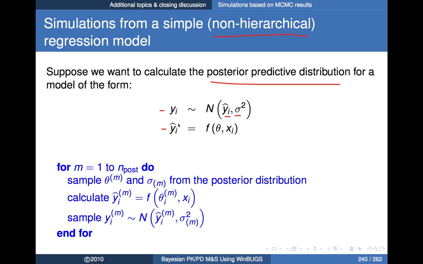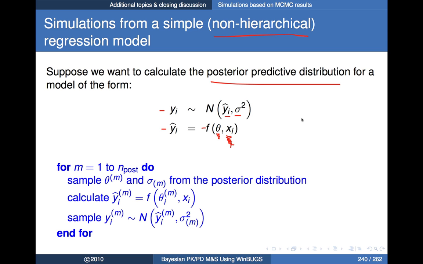And then our yi hat, our mean value, is some function of the remaining model parameters theta plus some covariates xi. These could be time, dose, and who knows what else; various patient characteristics could make up this xi. So I'm thinking of both theta and xi as potentially multivariate.